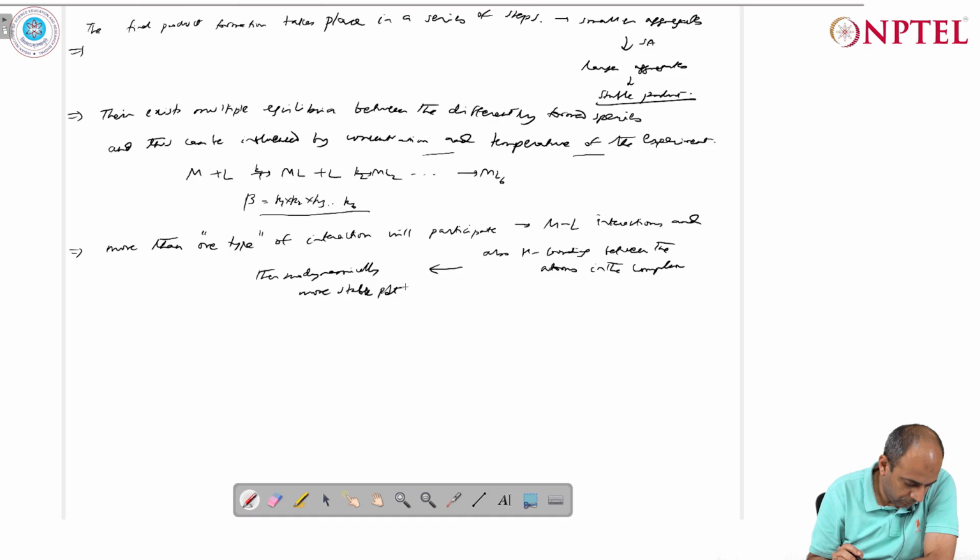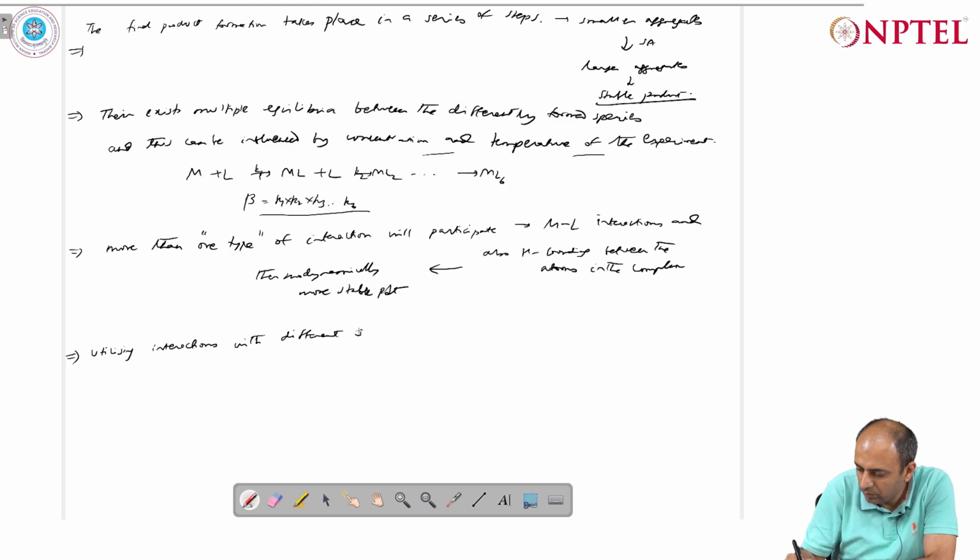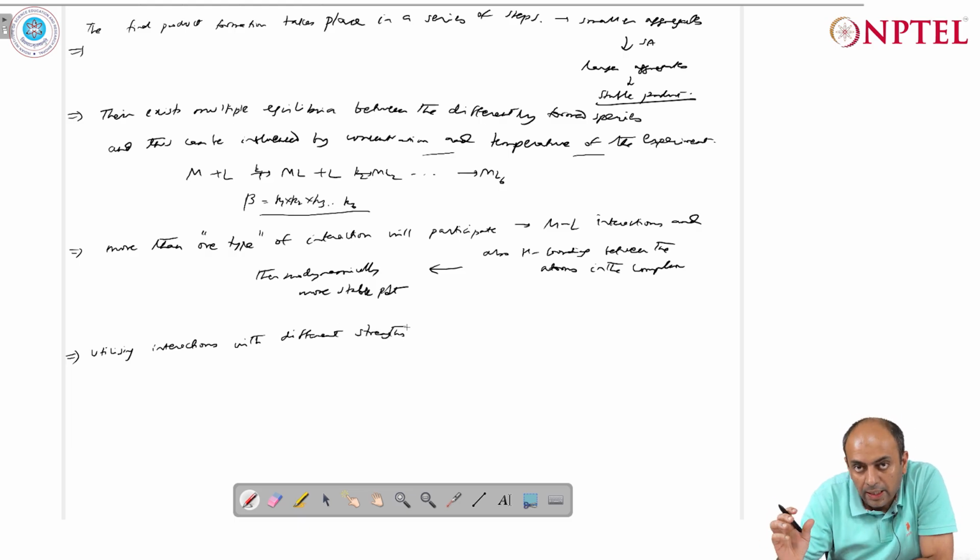And finally, this is a very important feature of a self assembly. We are utilizing interactions with different strengths. For example, the metal ligand bond is the strongest, and then we have the strong hydrogen bonds, we have the medium strength hydrogen bond, and the weakest of interactions.